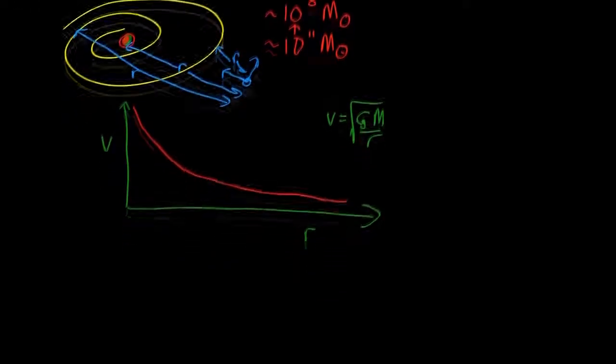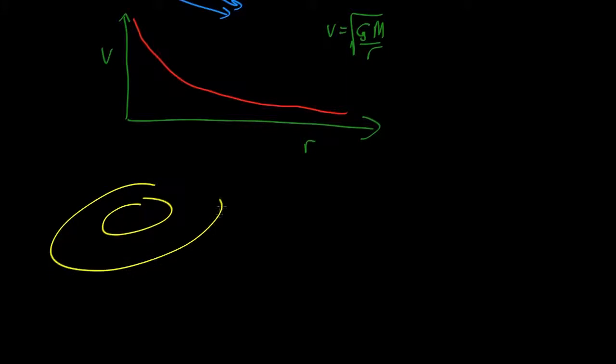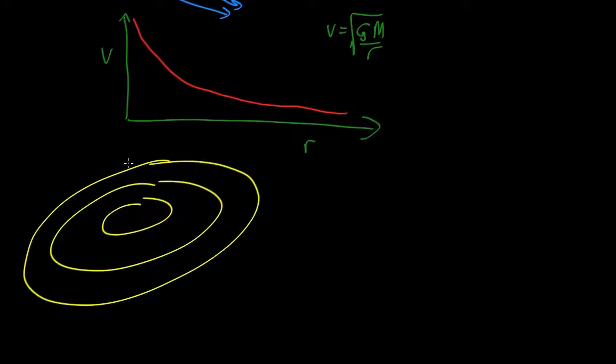Well, luckily for us, there is a simplification we can make, originally worked out by Isaac Newton. Let's say you do have some galaxy like this, and let's say you're trying to work out the motion of something, maybe a gas cloud here. It turns out mathematically, what you can do is make an imaginary sphere around the center of the galaxy of radius how far out your test particle, your gas cloud, is.